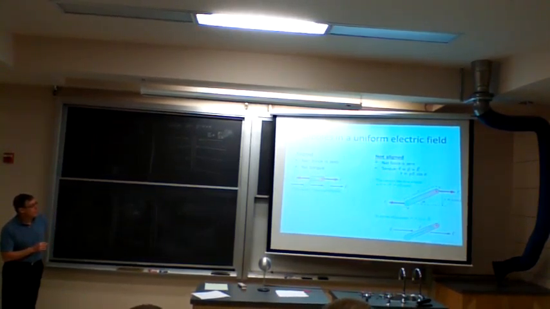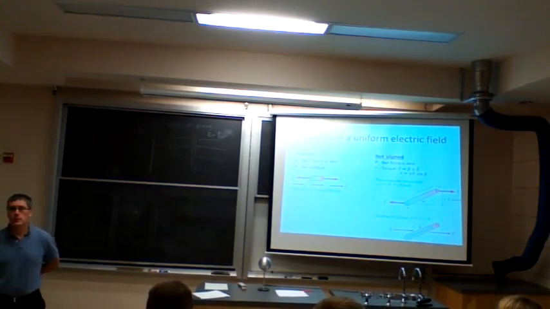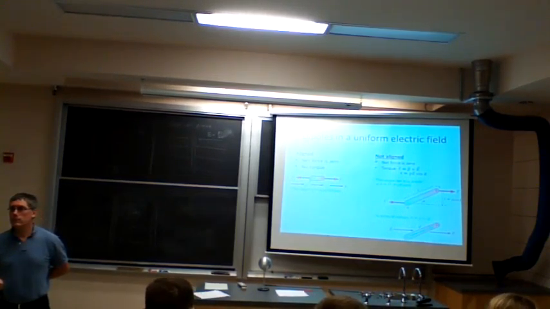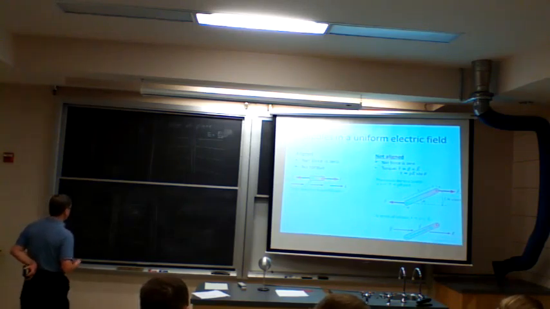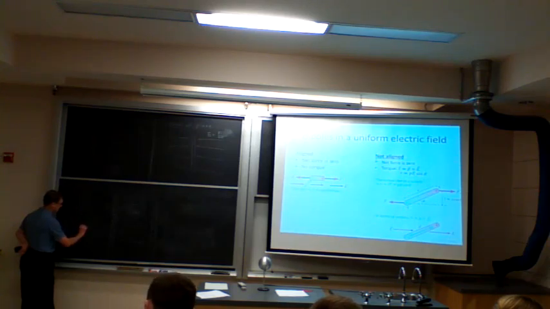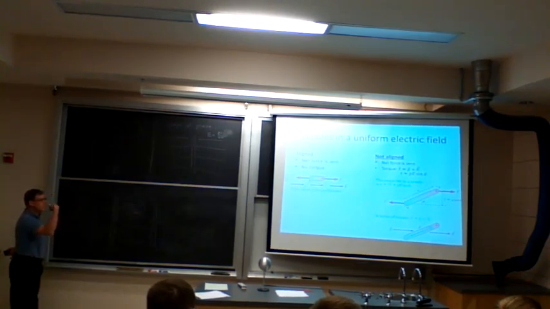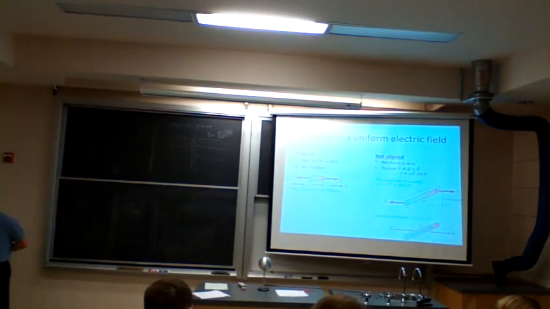We call that P. The torque on that dipole will be the dipole moment P cross product the electric field. So in that case, the dipole moment cross E gives us a torque. Remember, the direction of the torque is the axis of the rotation.